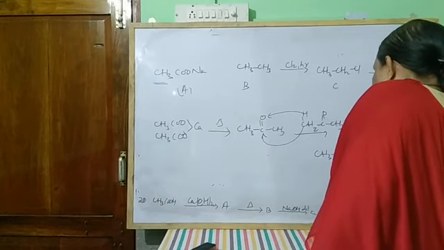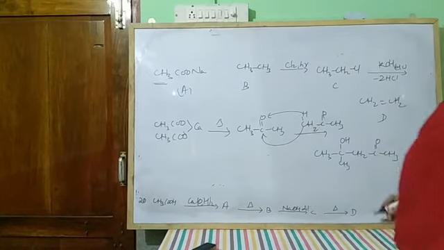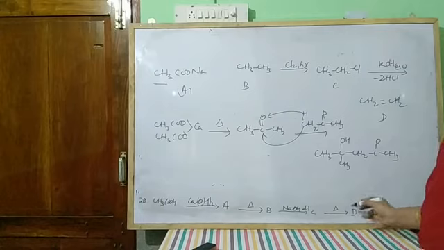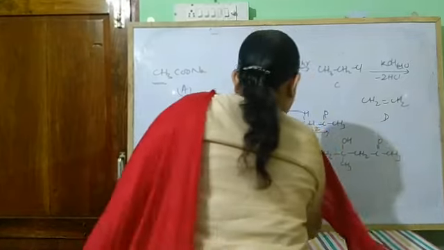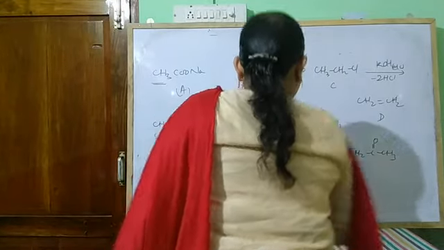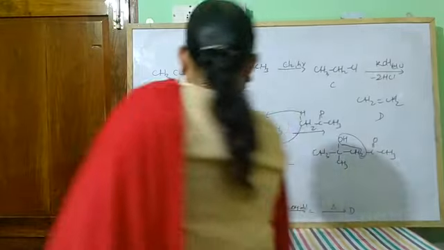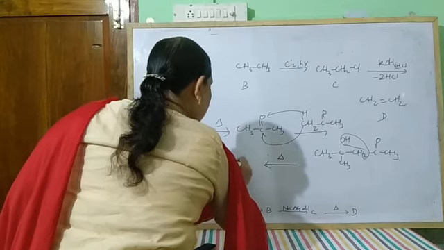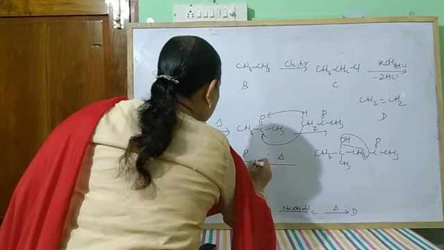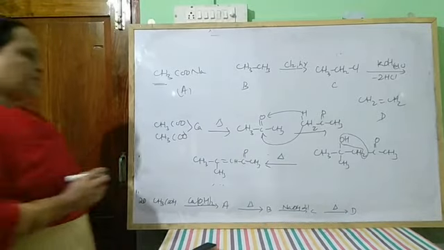OH, CH3, CH2, CO, CH3. And when this is heated, then dehydration takes place. Here OH and from here H, so removal of water takes place and it forms mesityl oxide.